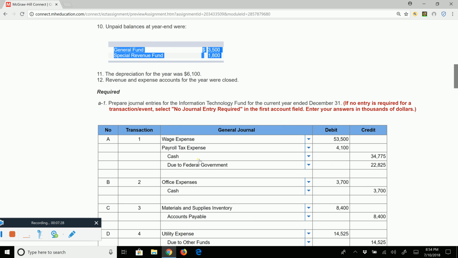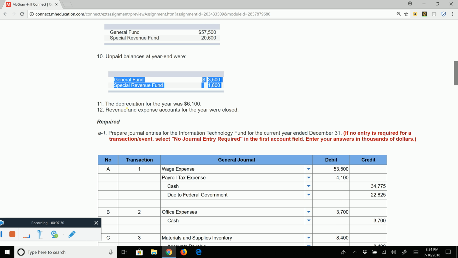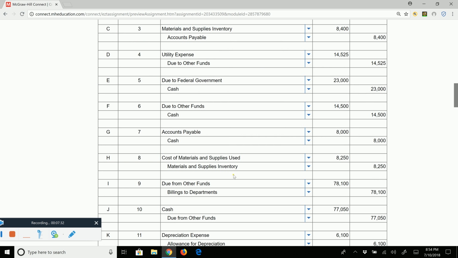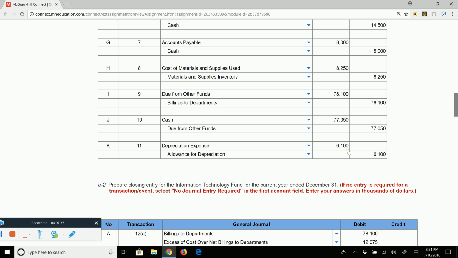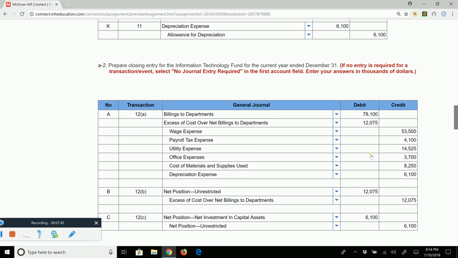And number 11, depreciation for the year, $6,100. We will debit depreciation expense, credit accumulated depreciation, or you can see your textbook calls it allowance for depreciation. It's the same thing.